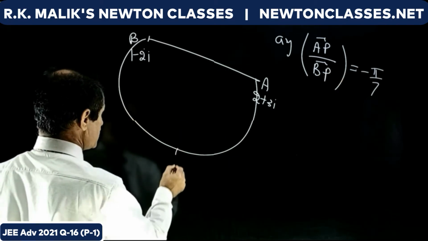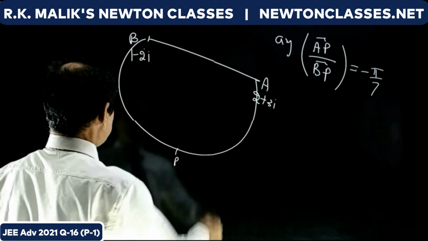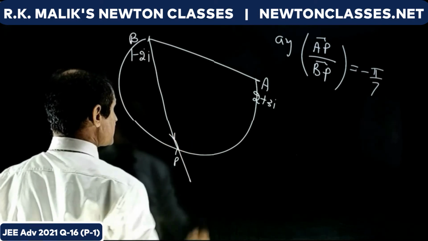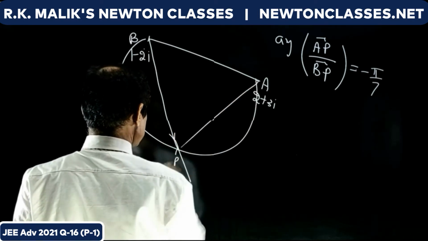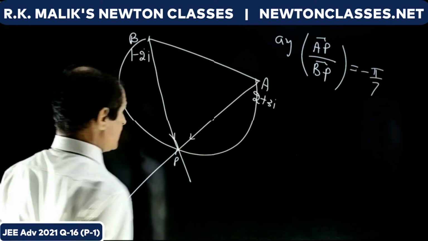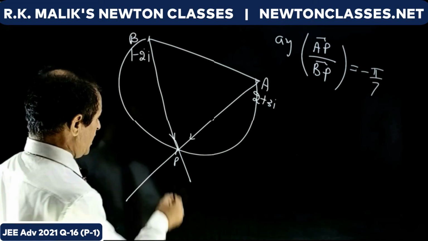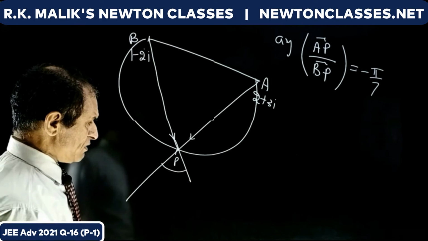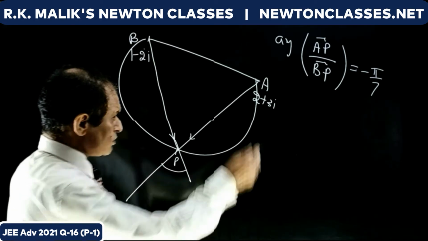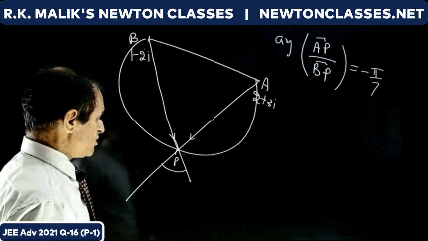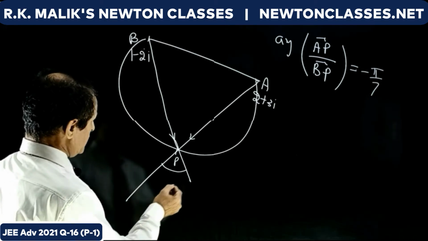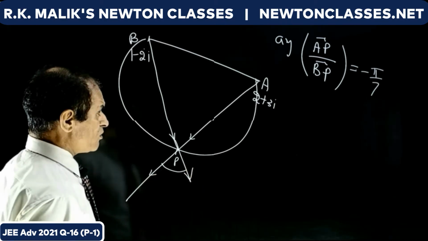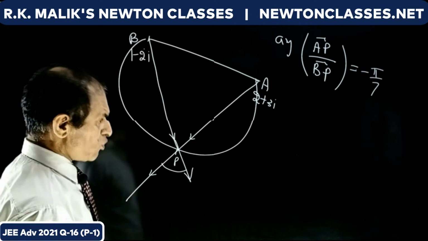Suppose the point P is here, this is the BP vector, this is the AP vector, and this angle in amount will be pi by 7, but because of the negative angle, you can see very easily that from BP to AP the direction should be clockwise.